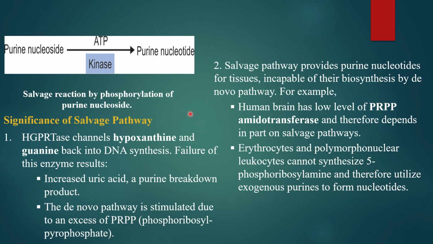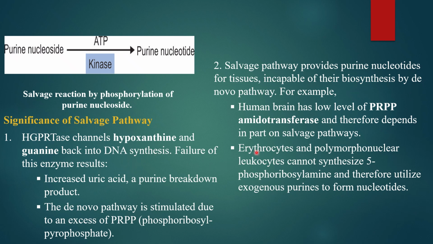Now, what is the significance of the salvage pathway? We know that HGPRTase channels the hypoxanthine and guanine back into DNA synthesis. We have seen this in the single step. If there is a failure of this enzyme, what will be the consequence?